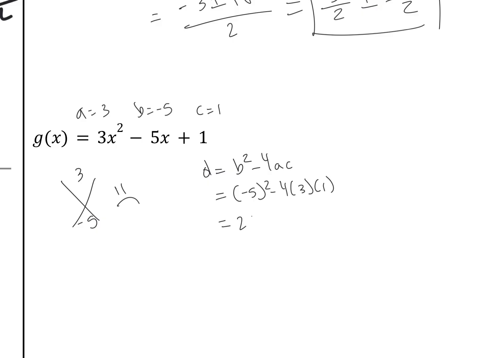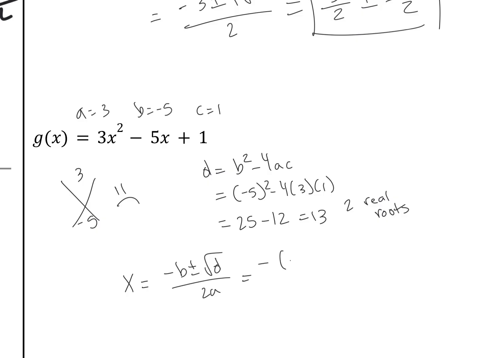Negative 5 squared is 25 minus 4 times 3 times 1, that's 12. So I get 13. So because it's positive, that means I will get 2 real roots. So it will cross the x-axis, but it's going to be some type of decimal. Just because it's a 13, and 13 is also prime. So we can't really take the square root of it when we put it into this formula.